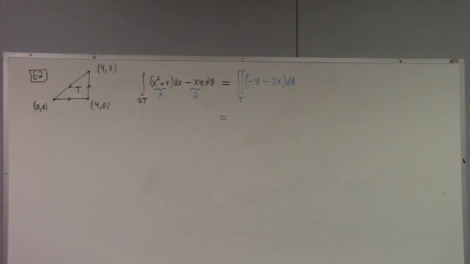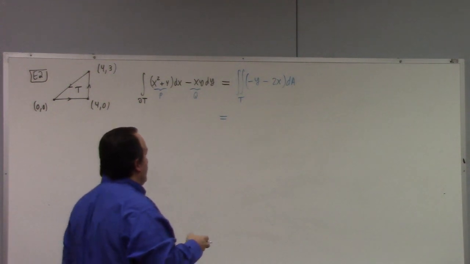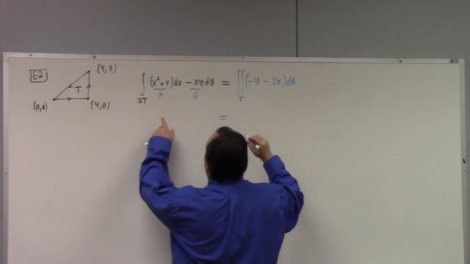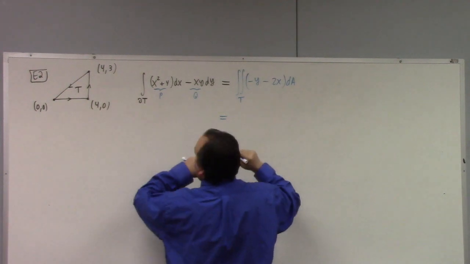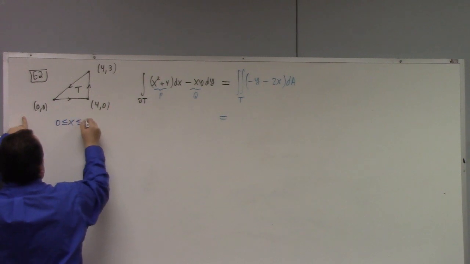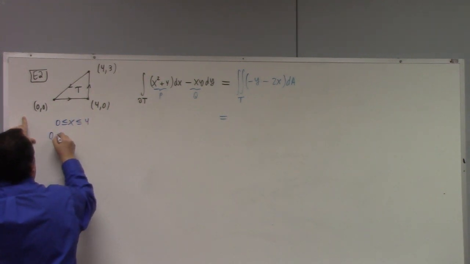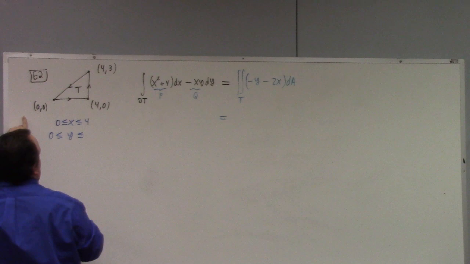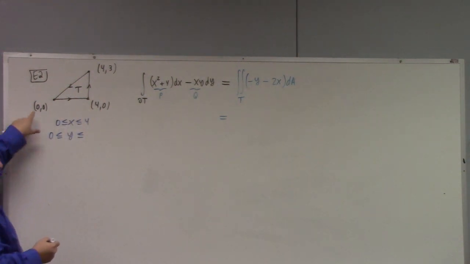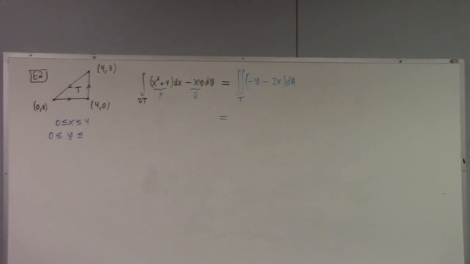Okay, so now if I did that right, how do I set up this integral? Yeah, I think type 1's a good idea. So we'll do 0 less than or equal to x less than or equal to 4, and then how about y? I mean, 0's down here. What's the equation of the line segment that goes from 0, 0 to 4, 3?